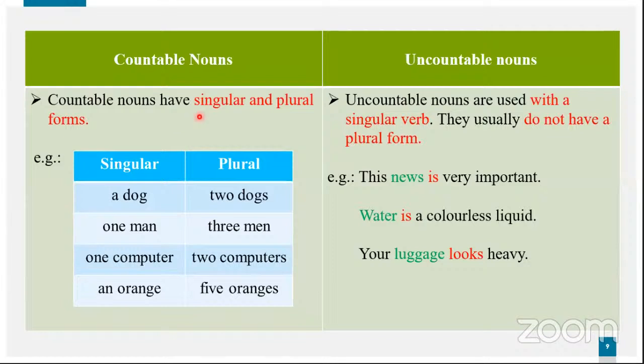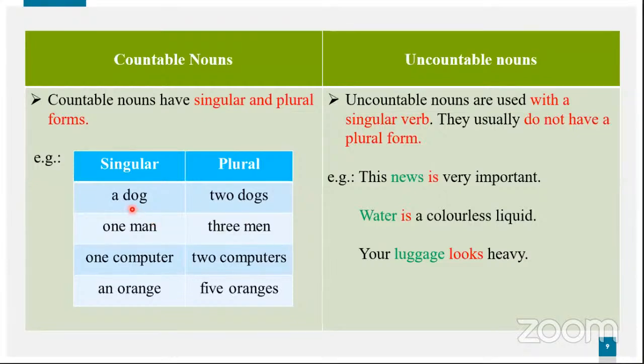Countable nouns have singular and plural forms. Now look at these examples, right? Countable nouns have a singular form and a plural form, right?